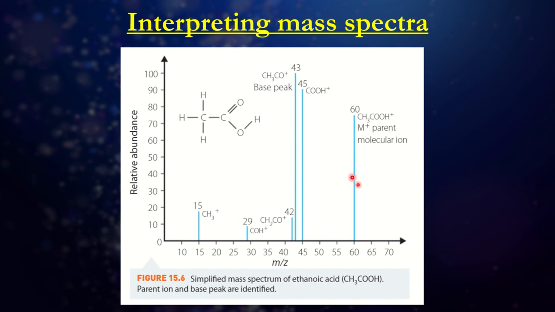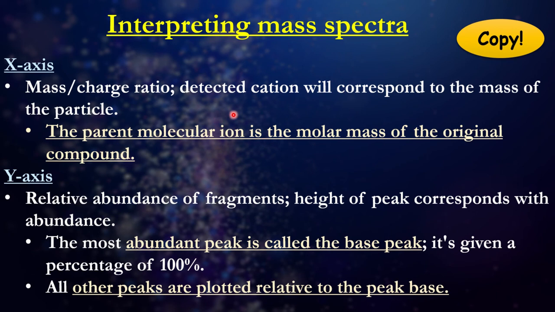Like we said, the tallest peak is called your base peak. That's the most abundant fragment. The one furthest to the right is your molecular ion peak, which basically tells you the molecular mass of your molecule. Remember, the x-axis is the mass to charge ratio.